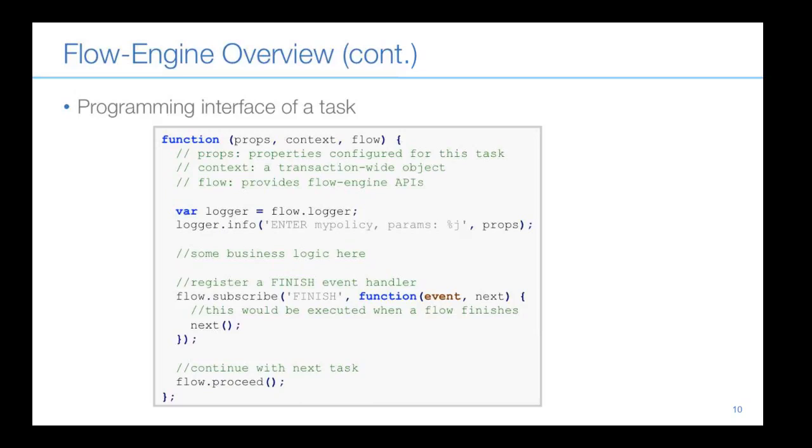You can tell the flow engine, hey, flow engine, call me when the flow execution is done, so there could be some finalizing task that can be performed by the task. We make these APIs available to users. So if a user wants to implement a custom policy, they can follow the API and do their custom implementation work for the policy. Okay. So that's the flow engine.